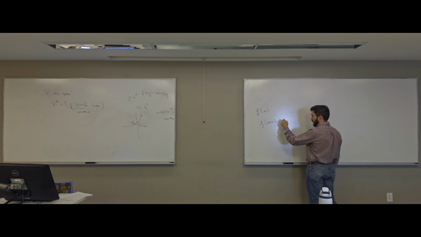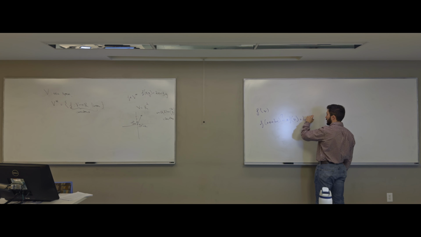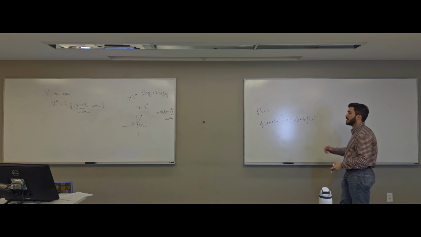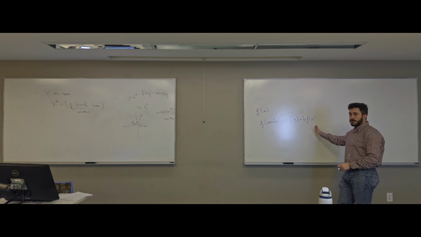And I should be able to check, does this get satisfied for any choice of a scalar, being a real number, u being a vector in R2, v being a vector in R2, and b being another scalar real number. This should be true. It should distribute. If I can check that, then I know that f is linear. If it turns out not to be true, then it's not linear. So this is the general method you use.